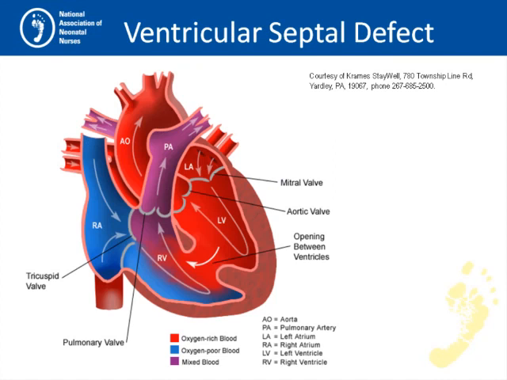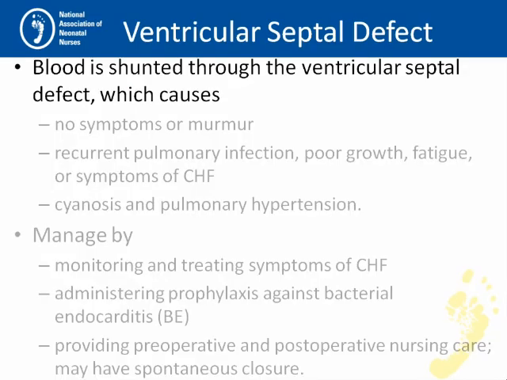A ventricular septal defect is an opening in the muscular or membranous ventricular septum. In the pathophysiology, blood is shunted through the VSD, which causes no symptoms, small VSD, or murmur, depending on the degree of shunting.